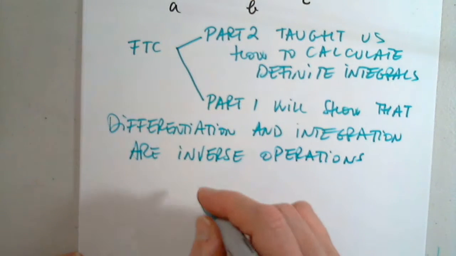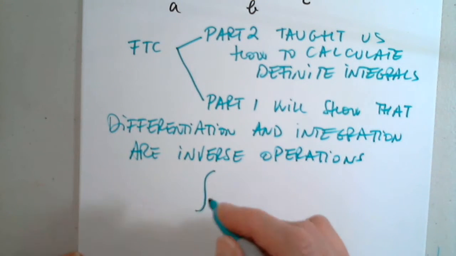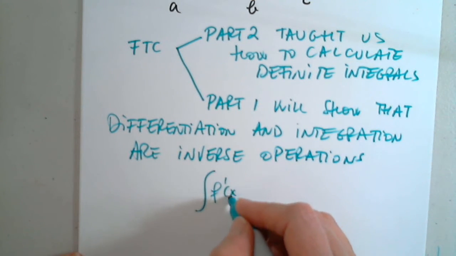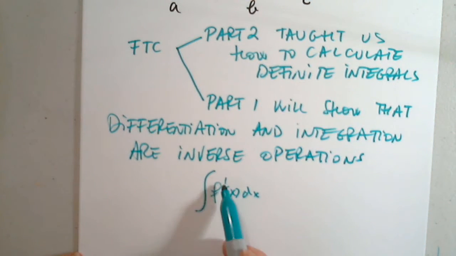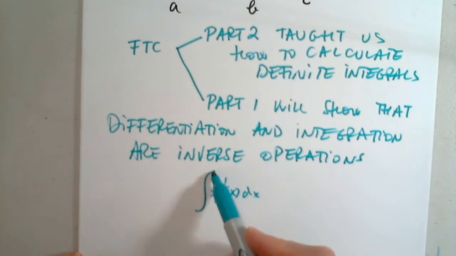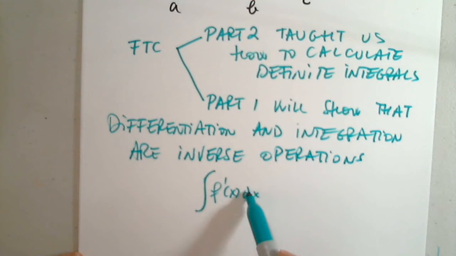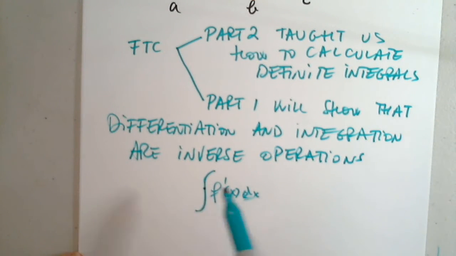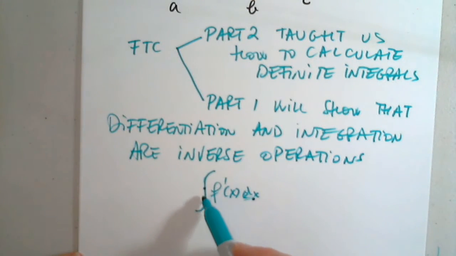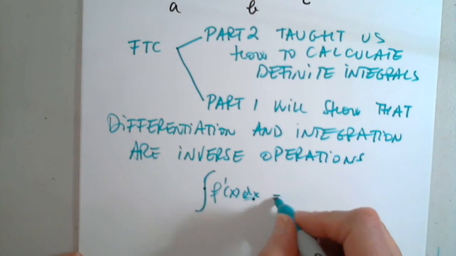What does that mean? When I integrate a derivative, these two will cancel out. And of course, when I cancel this, I cancel this. So this symbol without the x does not exist. So when I integrate a derivative, I get the function.